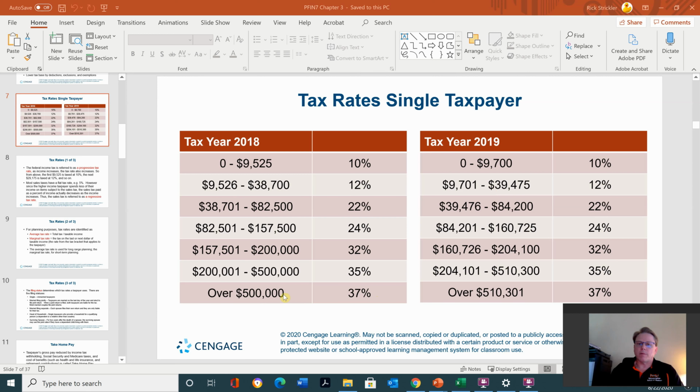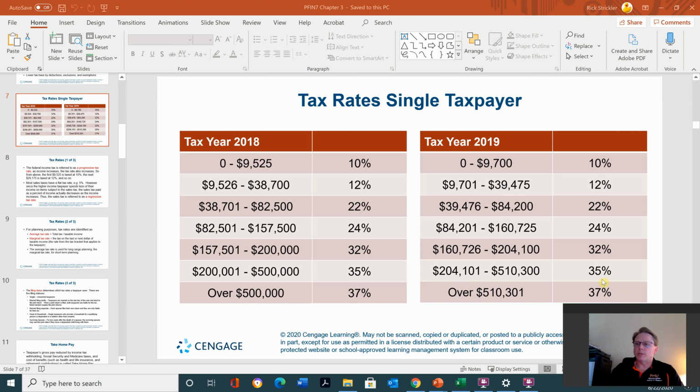And then it went from $500,000 to $510,000 for the 37%. Okay, so we went from 2% there, 3%. Then this is the largest one, which would, oh no, I'm sorry, second largest. So that was 8%. Then this is the largest, 10%, and then 2%.